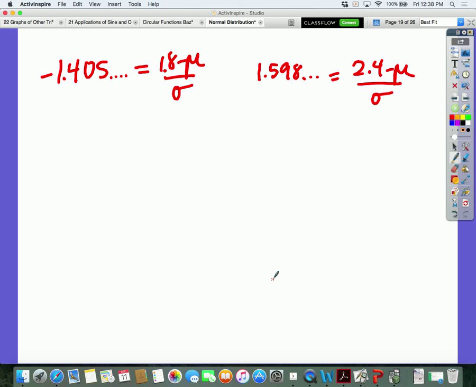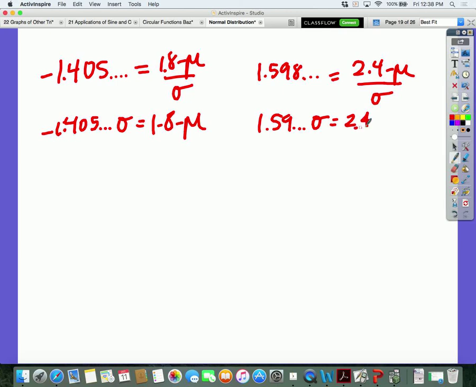What I can do is set up a system and solve this. I'm going to multiply this value over. Basically, I have a system.